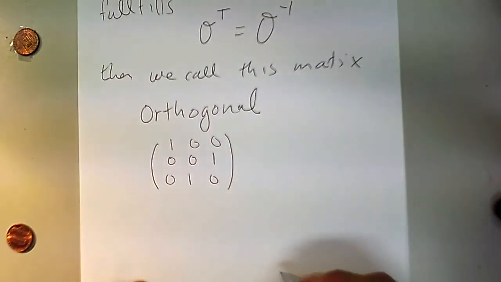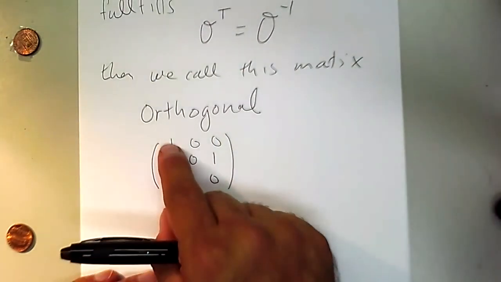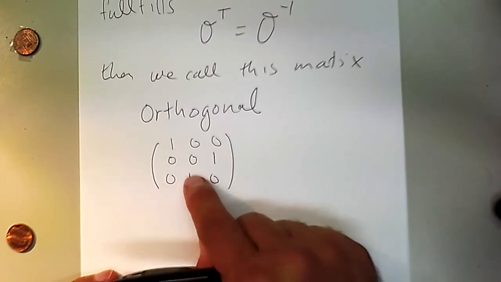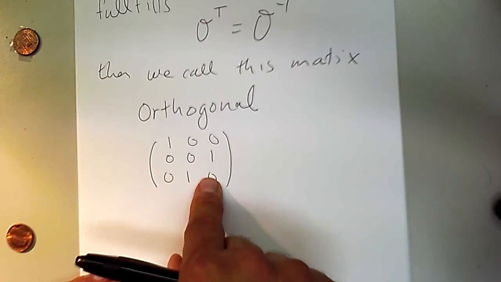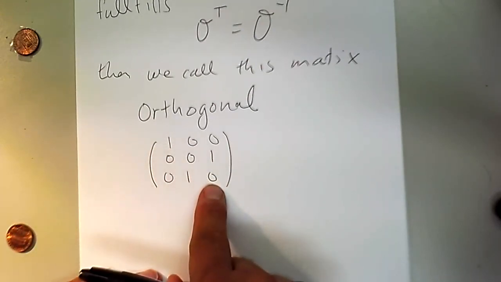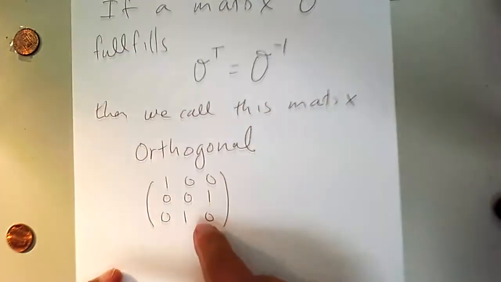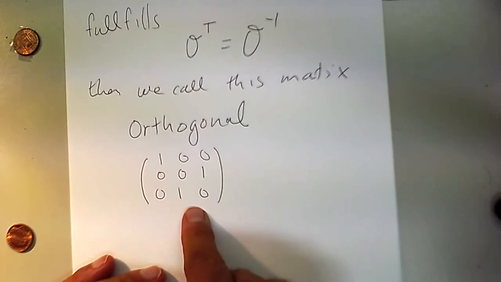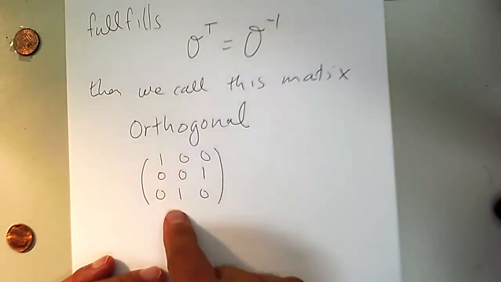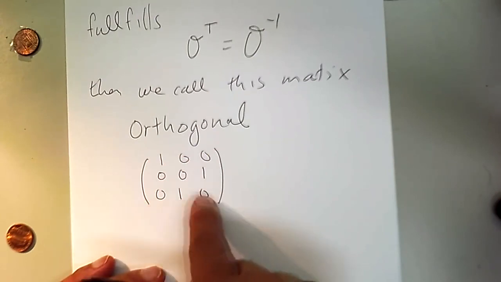Yes, this is an orthogonal matrix because the inverse is itself. And because this is also symmetric, the transpose is itself. So the inverse and the transpose are the same for this matrix. So this matrix is an example of an orthogonal matrix. The column vectors happen to be orthogonal. Orthogonal means that the dot product is equal to 0.